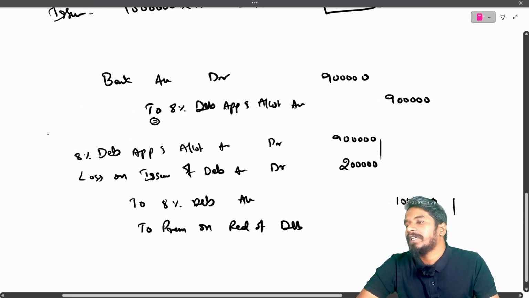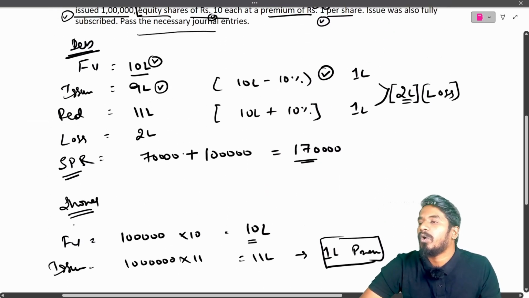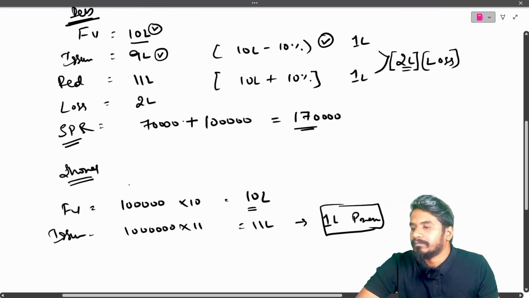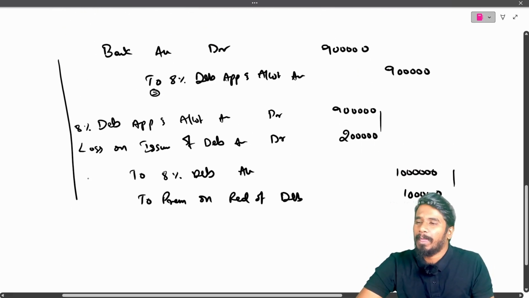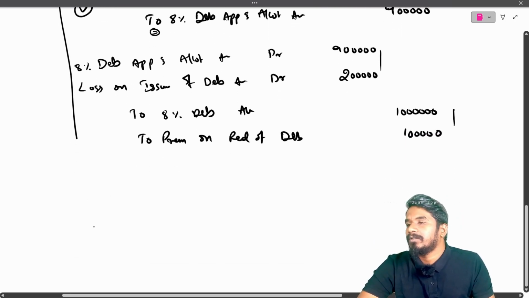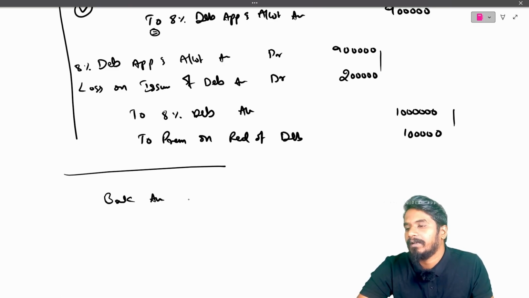So now we have finished this one and we need to move on to shares also. So let us solve the shares question. The same thing, nothing changes, just name change. Whatever entry we have done for the debentures. Bank account, first thing, bank account will get debited for how much?